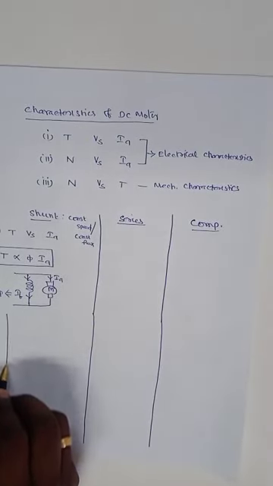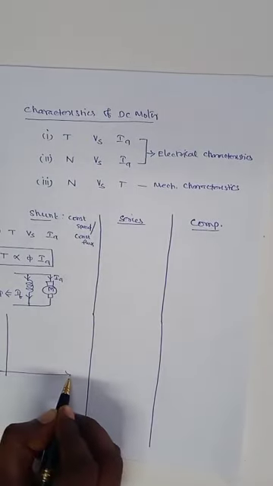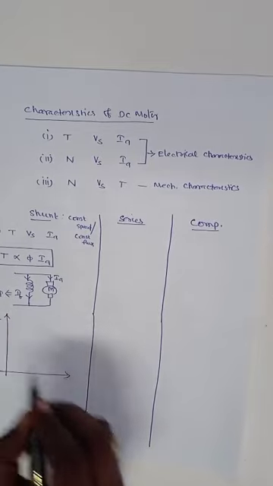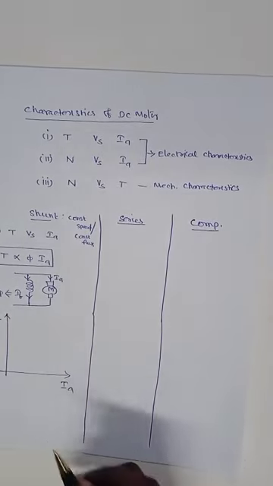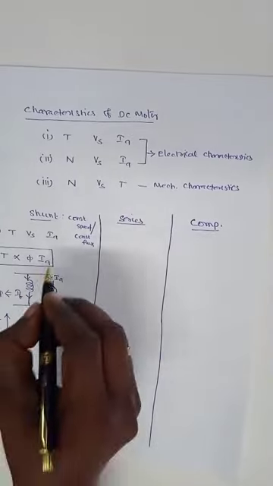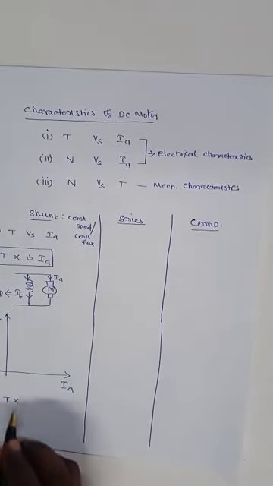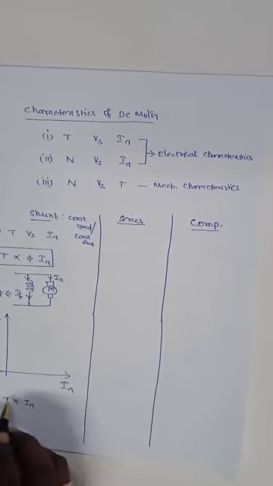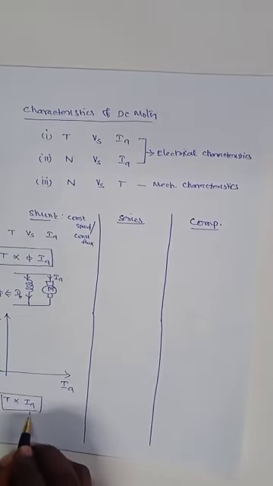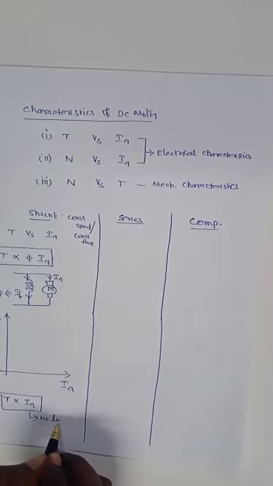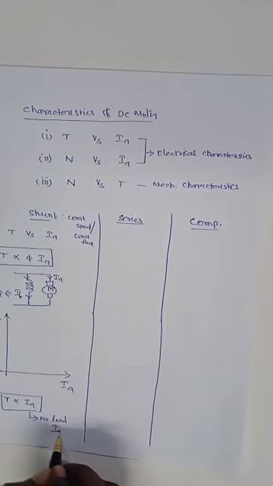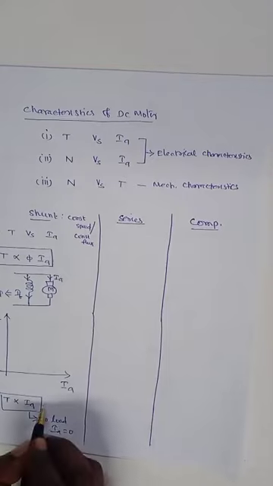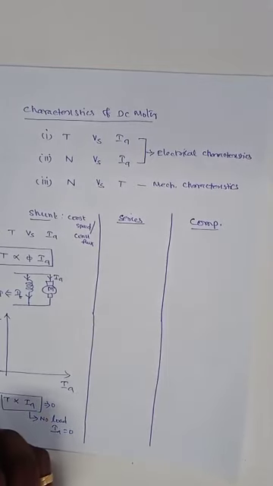So in the torque versus Ia characteristics, in the shunt motor torque is proportional to Ia because flux is constant. When there is no load, current becomes 0. If current is 0, torque becomes 0.